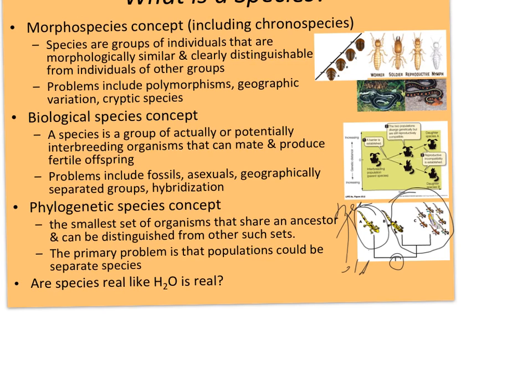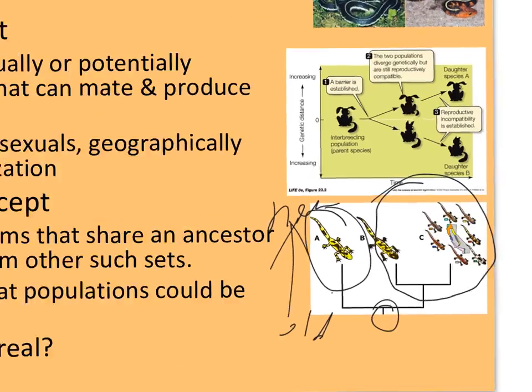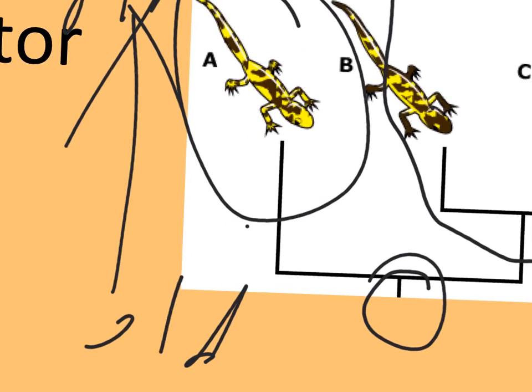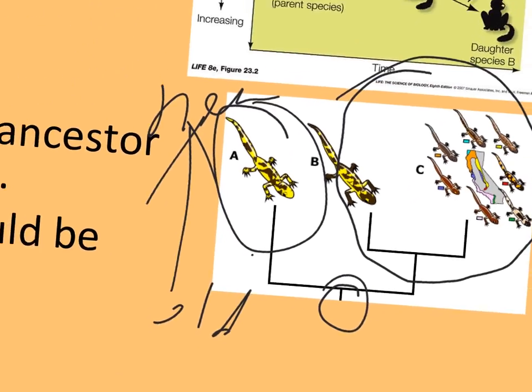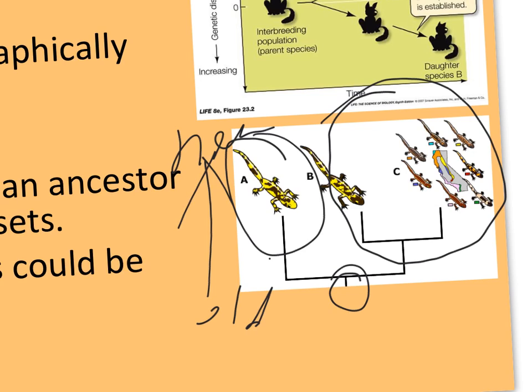Okay, so here we are again. And so here's the ancestor to all of them. Here's an ancestor right here at this node for species B, and then this group of species that actually are ring species in California and Oregon.